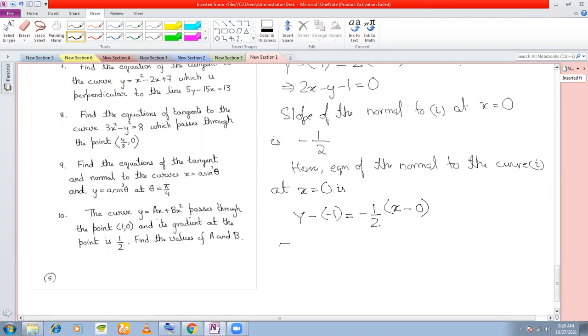So that means you can find this out to be x plus 2y plus 2 is equal to 0.